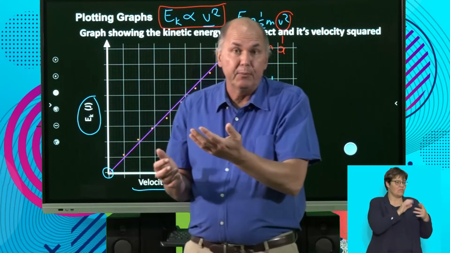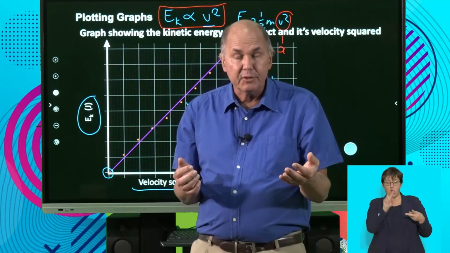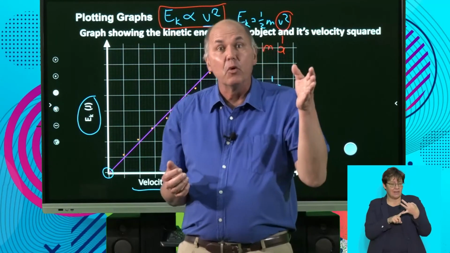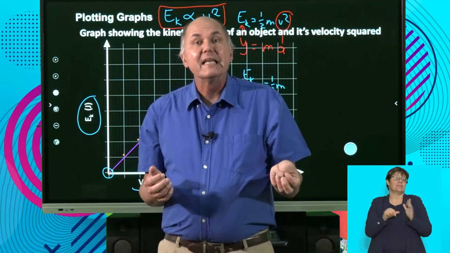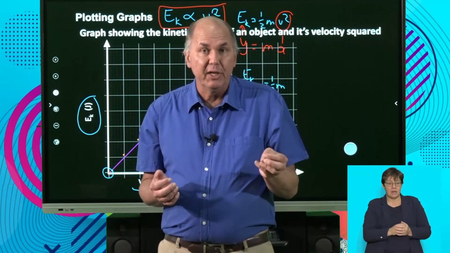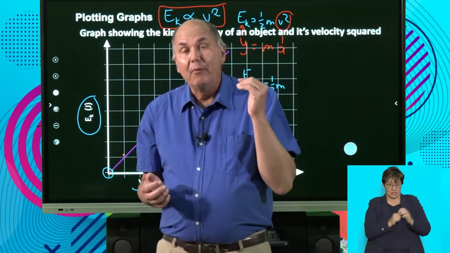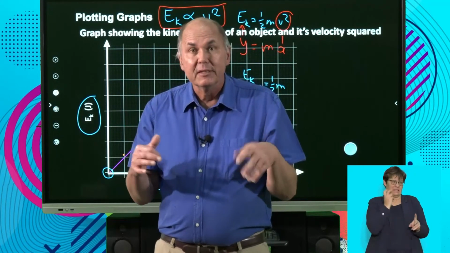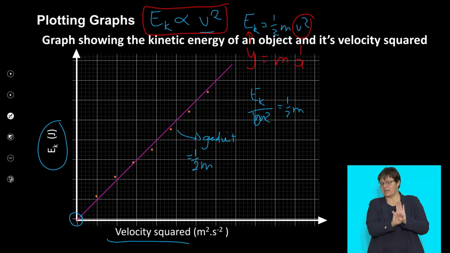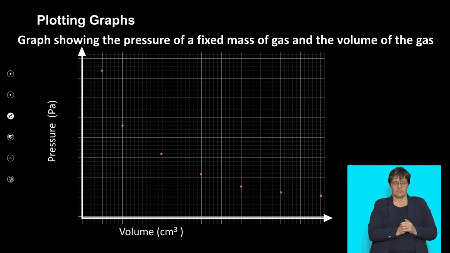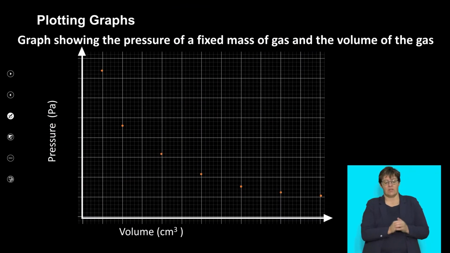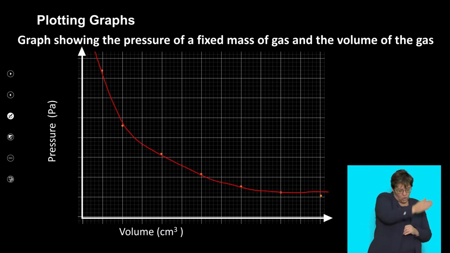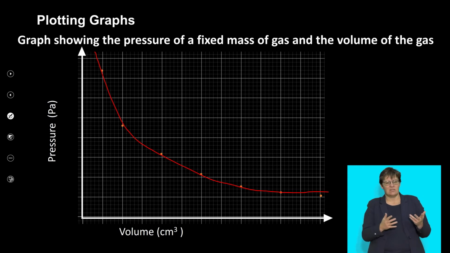Now, what other sort of relationship have we got? We've got directly proportional, a squared relationship, and the last one, which is also very important, is an inverse proportionality. We're not going to make it too difficult, but let's have a look at an example. The points here seem to make a bit of a curve, and I'm going to plot them like that and draw in the line of best fit.